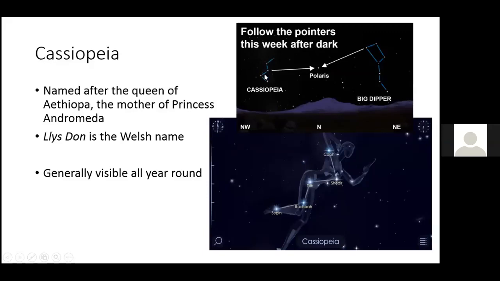This cluster of stars was named after the Queen of Ethiopia, and she's the mother of Princess Andromeda. In Welsh, this constellation is referred to as Llys Don. Again, probably butchering that name, but it's another name for this constellation. And this is one of those constellations that's generally visible all year long.